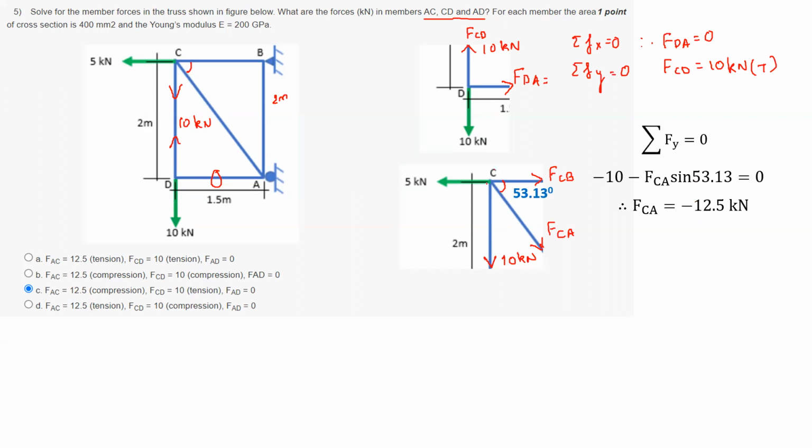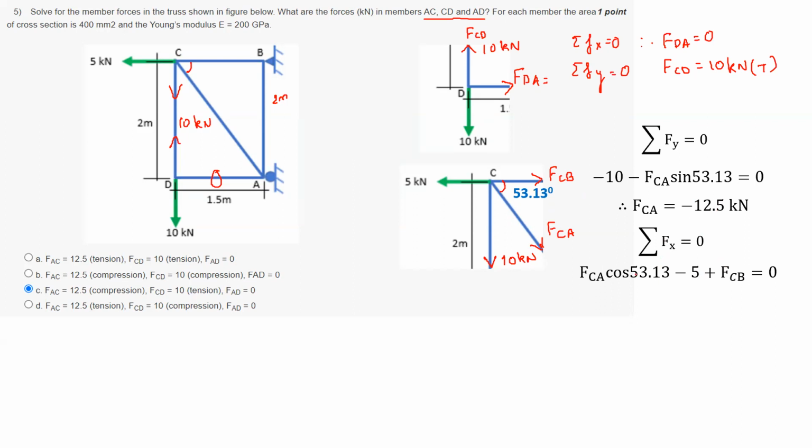Now apply Fx = 0. So this is minus 5, plus FCA cos 53.13, and then plus FCB. So Fx = 0: FCA cos 53.13 minus 5 plus FCB.